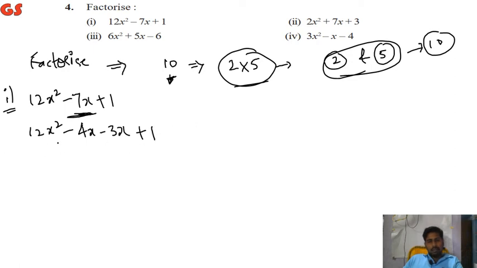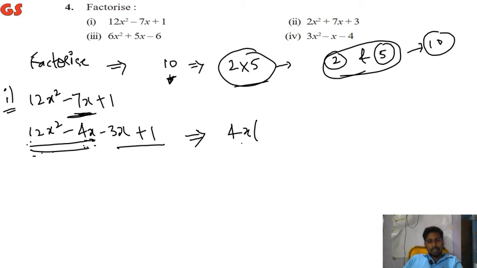Now underline two parts. In these two terms of the polynomial, what is common? Here 4 you can take as common, and x you can take as common. So we take 4x outside the bracket.